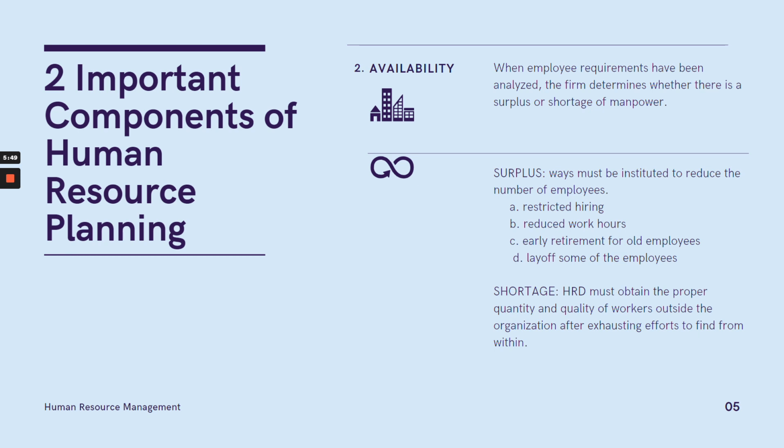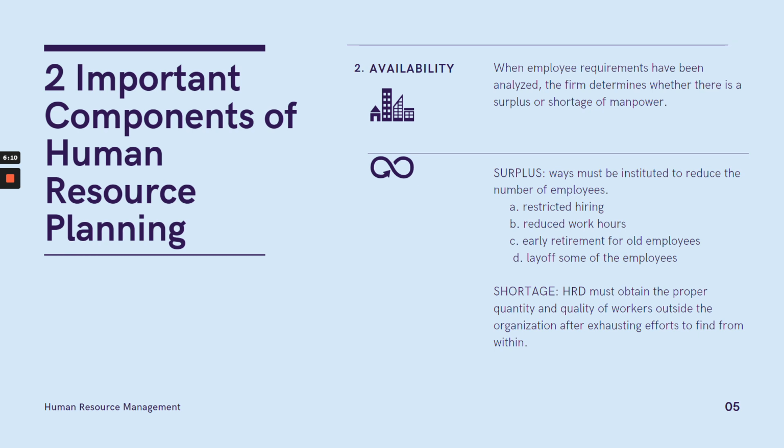The second is if there is a shortage. What happens if there is a shortage? The human resource department must obtain the proper quantity and quality of workers outside the organization, after you see inside that there is none. So you look for people.